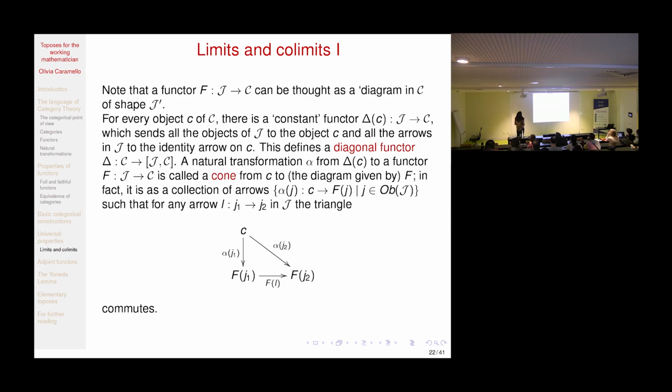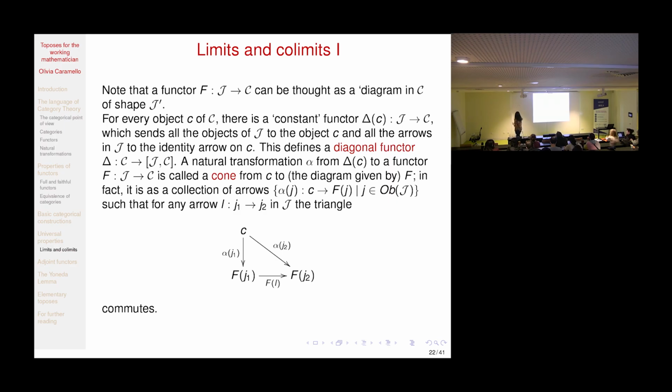Now, if we want to formalize what a cone is, here I have just given an intuitive description, but formally we can define a cone as a natural transformation from the diagonal functor applied to the vertex of the cone to the given diagram.